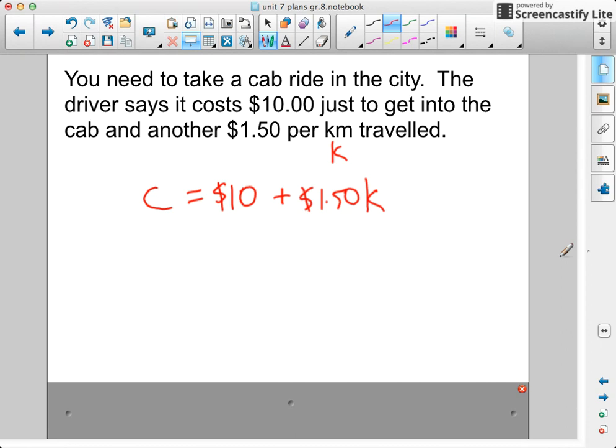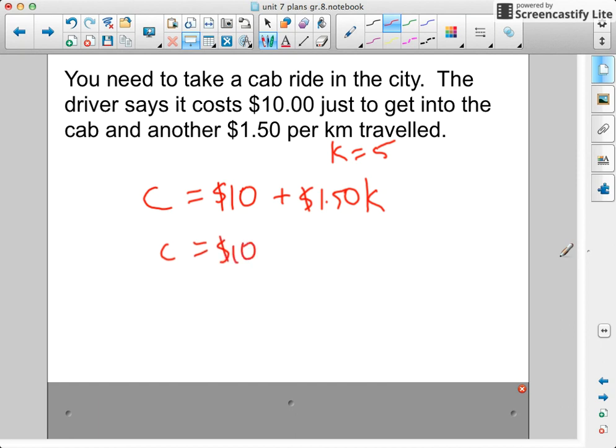And so I can use that to find out how much it's going to cost. So let's say I'm traveling 5 kilometers. Okay, so K equals 5. Just as a random example. You already have the equation, so I just find the cost.